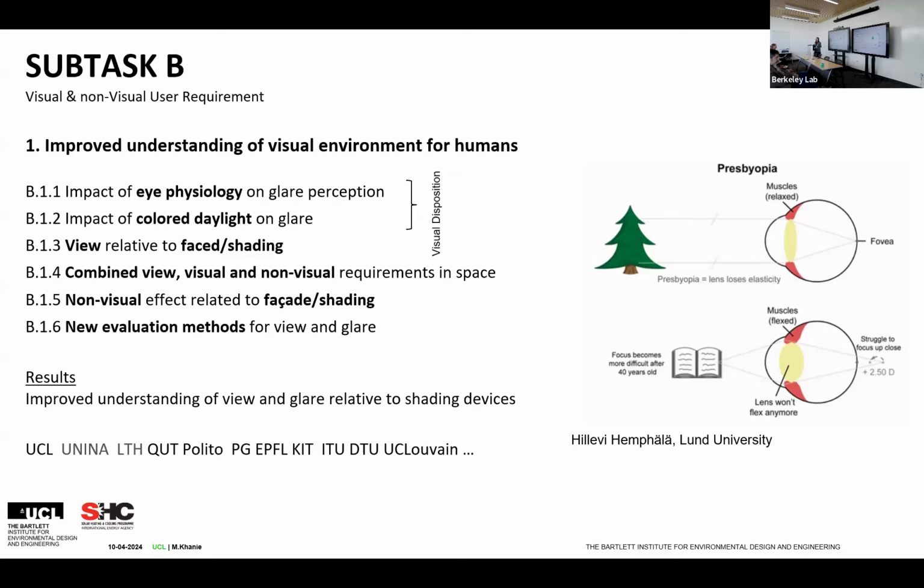This is so sensitive as to the difference between one eye and the other eye in terms of perception of the glare, for example, or perception of the view. It is really important in the research studies that we do to consider these kinds of visual dispositions. So we are working on that and understanding what are the main aspects to be incorporated in this kind of research.